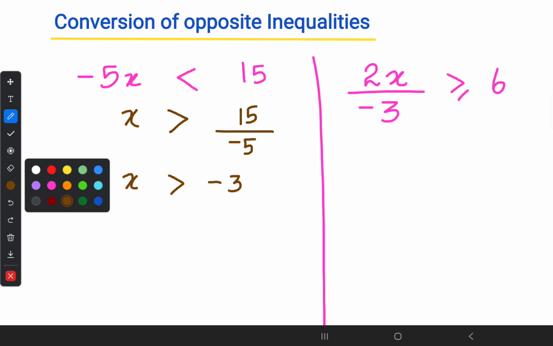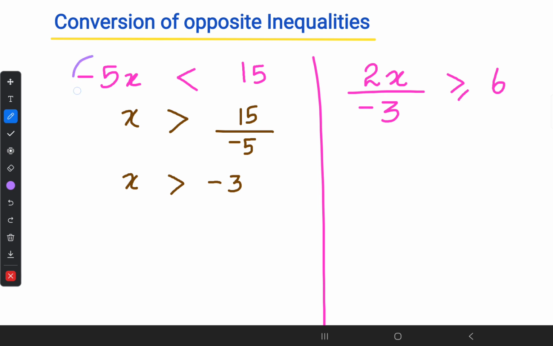What happened here looks simple, but actually there is a hidden fact here. The negative number became a dividend. So if a negative dividend or negative multiplicand is in our operation, the direction of the inequality will directly change to its opposite.